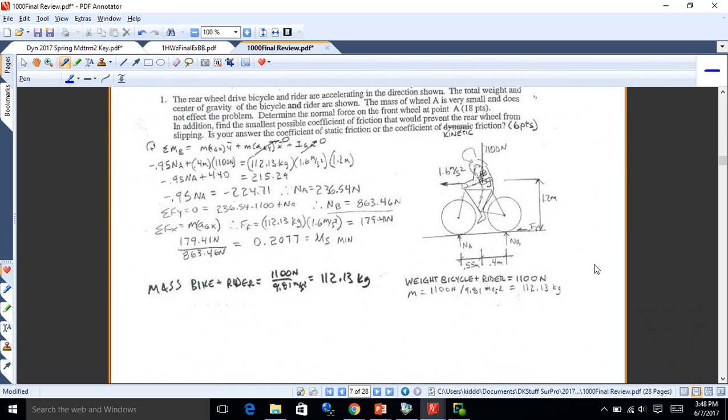Okay, this one here, we got a person on a bicycle. We want to find the normal force on the front wheel at point A. What kind of problem is that?